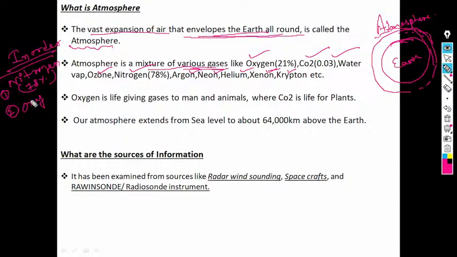Then oxygen, which is 21%. Rank wise, nitrogen is first at 78%, oxygen 21%, then hydrogen, which is near about 0.8%.